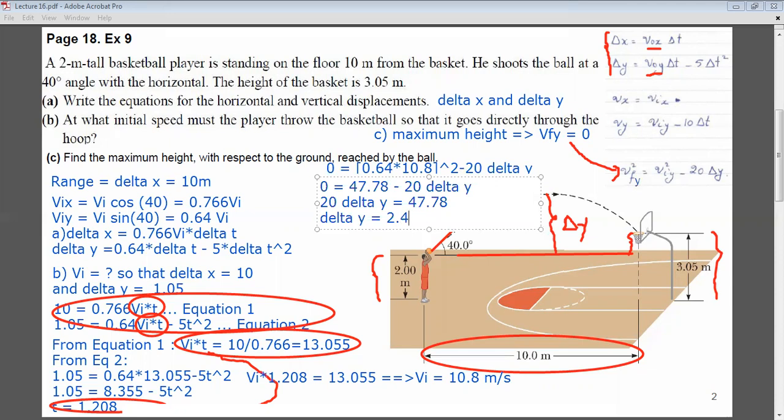Okay, because the question is find the maximum height with respect to the ground. With respect to the ground, I have to add this extra distance from here to here.